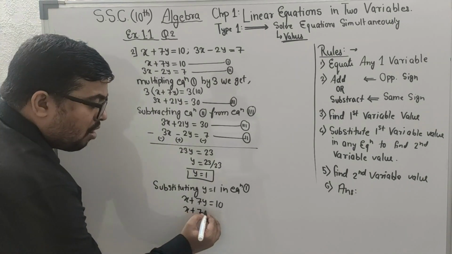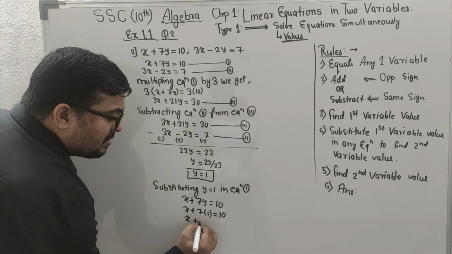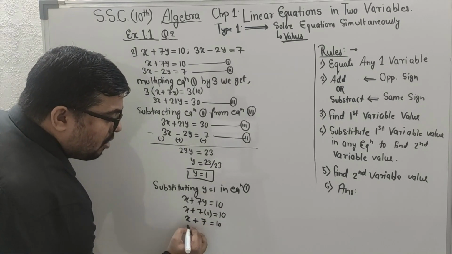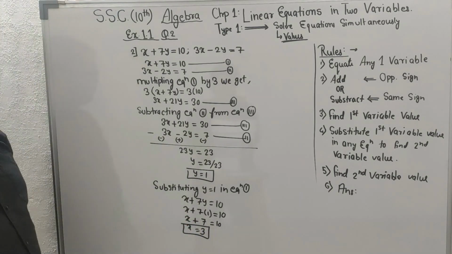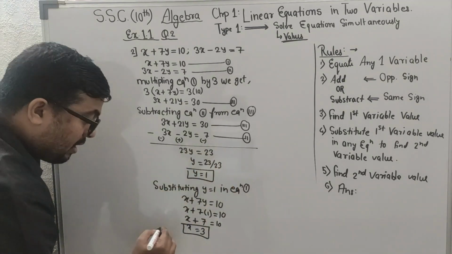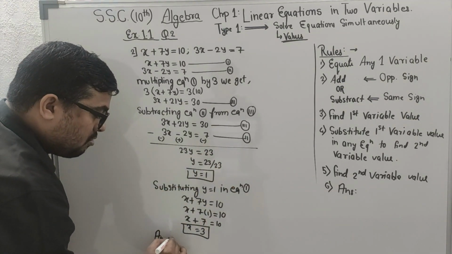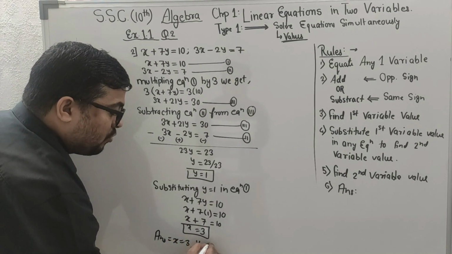What is y here? 1 is equal to 10. x plus 7 is equal to 10. x is equal to 3. Students, finally you have to write your answers. That is, x is equal to 3 and y is equal to 1.